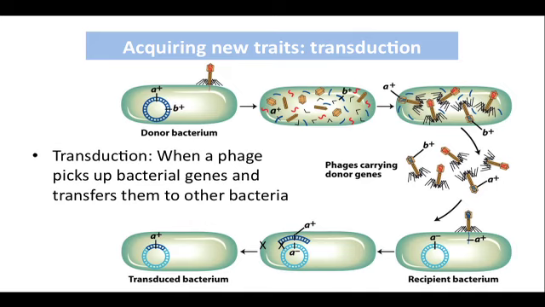And when a host cell gene is replaced by a piece of DNA that has been picked up from a transducing phage, you exchange those genes out through recombination, and again you'll need two crossover events. My X's have ended up in slightly the wrong place on this slide, and that bacterium that has acquired a new trait through that phage is called a transduced bacterium.